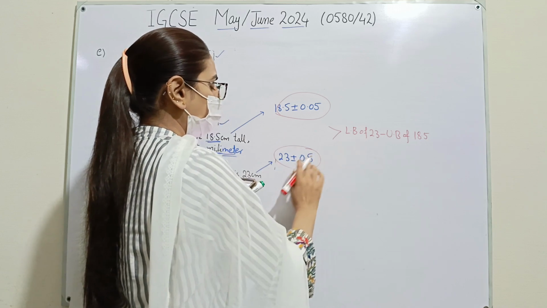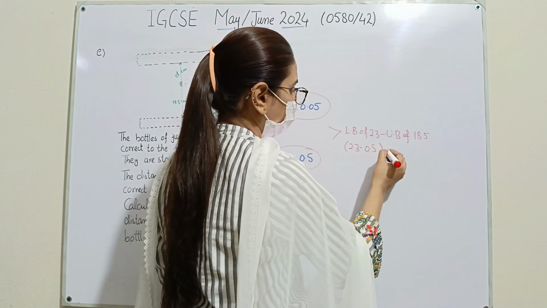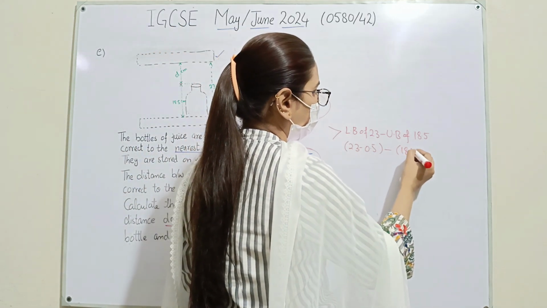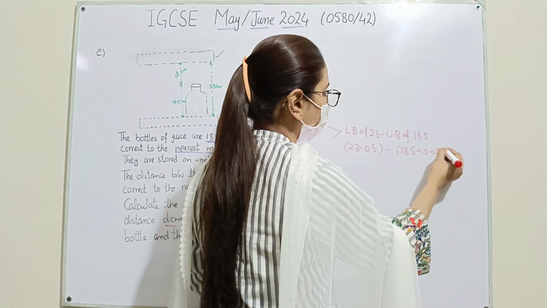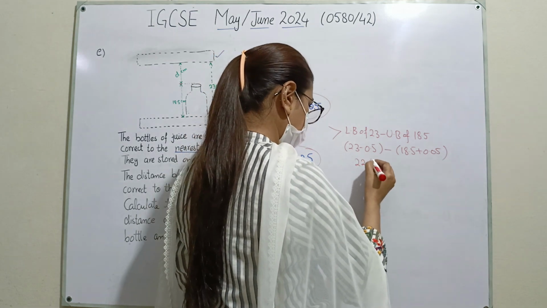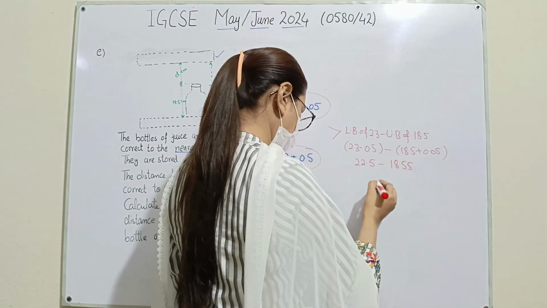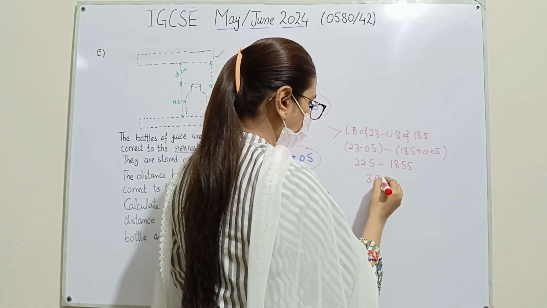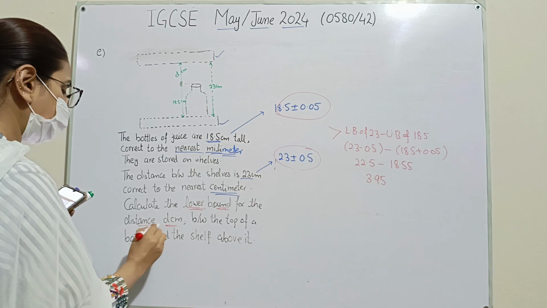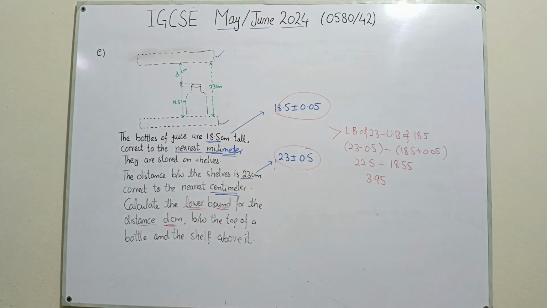Take the lower bound of 23, that is 23 minus 0.5, so 22.5, and the upper bound of 18.5, that is 18.5 plus 0.05, so 18.55. After calculating, you will get 3.95. So this is the lower bound of distance d centimeters between the top of the bottle and the shelf over it.